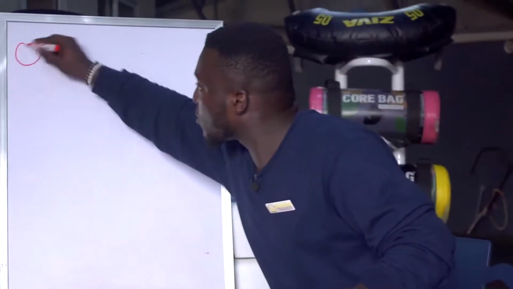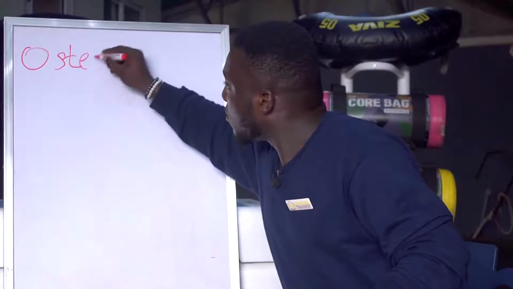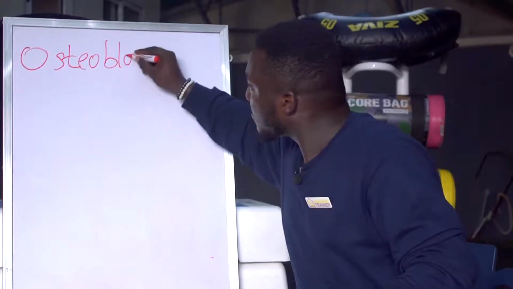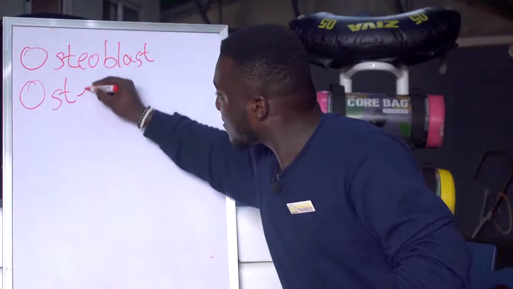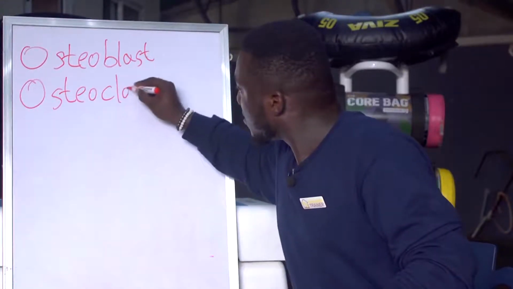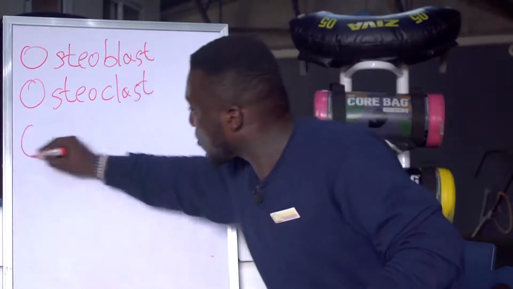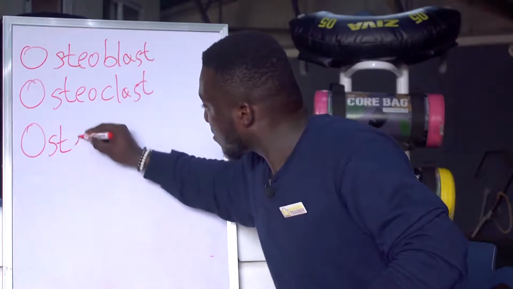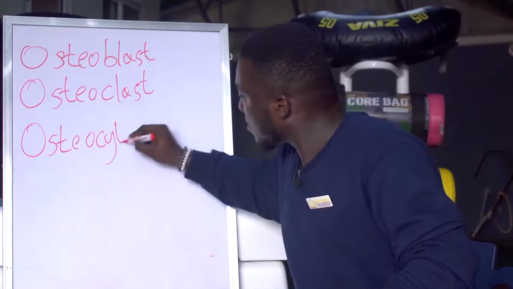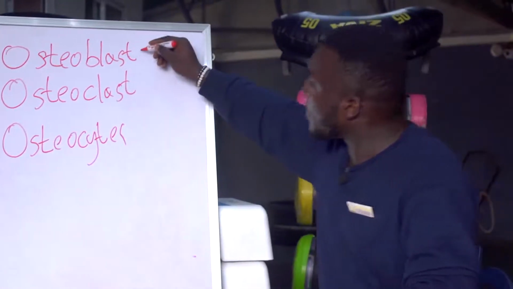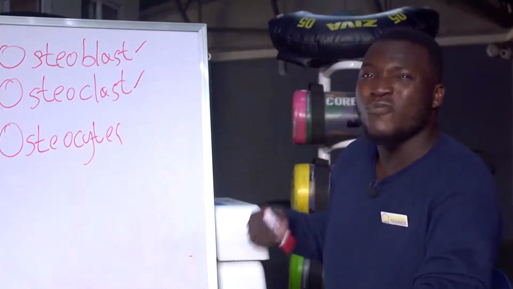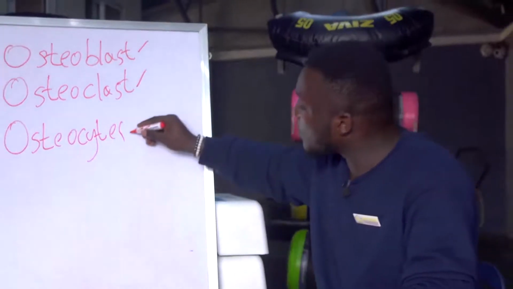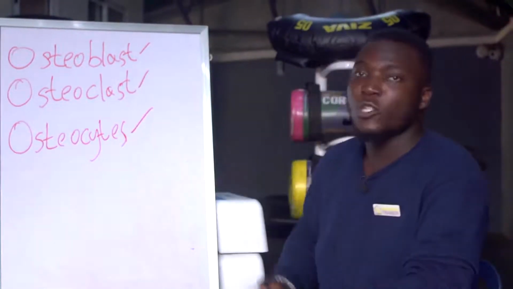We have the osteoblasts, osteoclasts, and osteocytes. As I've said, the osteoblast is the bone forming cell. The osteoclast is the bone reabsorbing cell, while the osteocytes are matured bone cells.